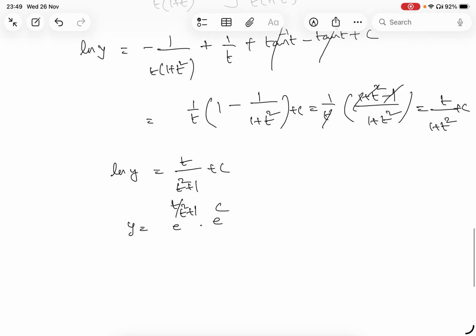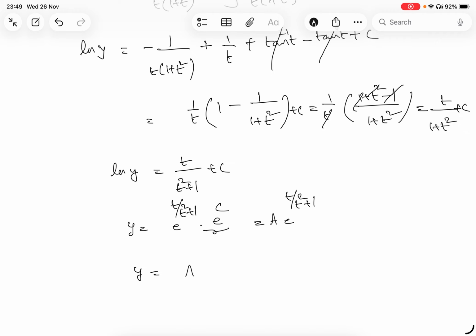Fine. I mean, e power x into e power y equal to e power x plus y, right? I mean, we have just multiplied it. Now this is just a constant. Let e power c equal to a, and this will be a into e power t by t square plus 1. Fine. In the beginning, we have considered t equal to sine theta, right?